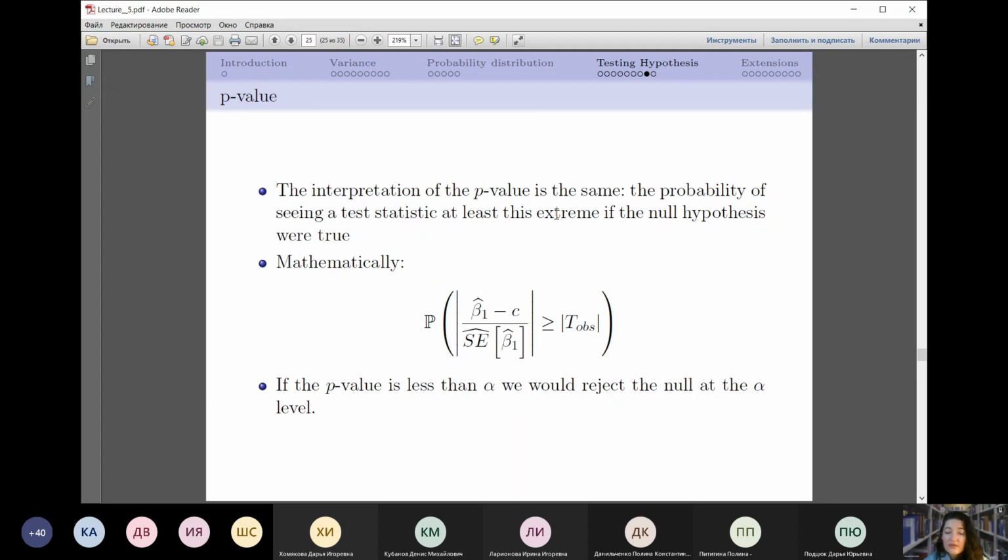What does significance level mean? This is also some probability, but probability of what? This is the question for you.